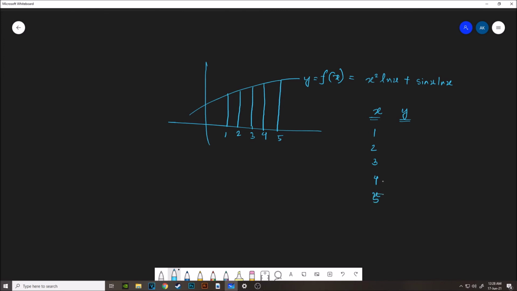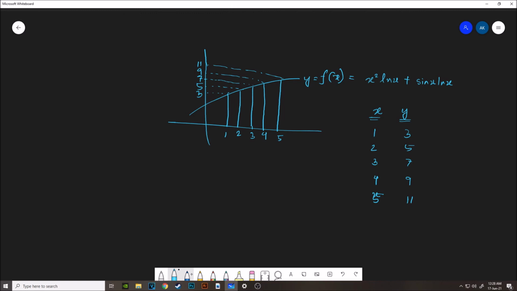So for 1 you get a y value of 3, for 2 you get a y value of 5, for 3 you get a y value of 7, for 4 you get a y value of 9, and for 5 you get a y value of 11. So you can see that the sketch is not very accurate, but it will suffice. So for each x coordinate we have the y coordinate.